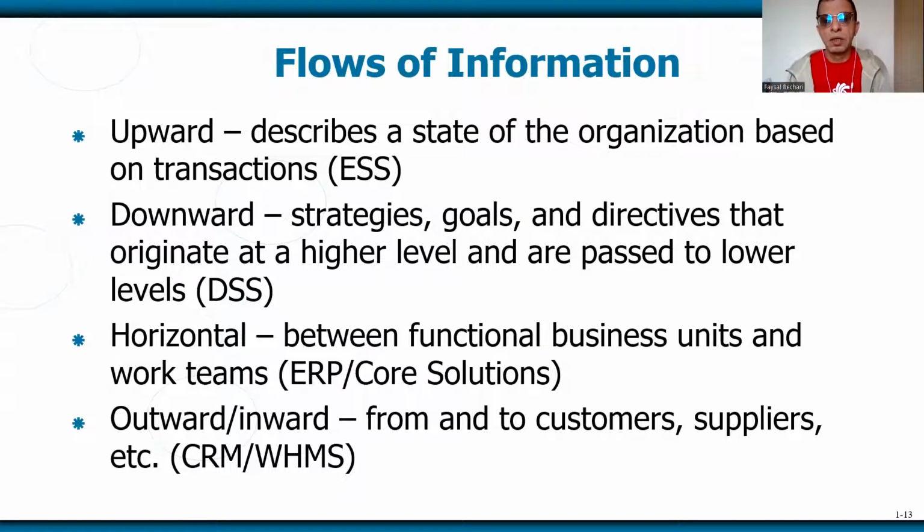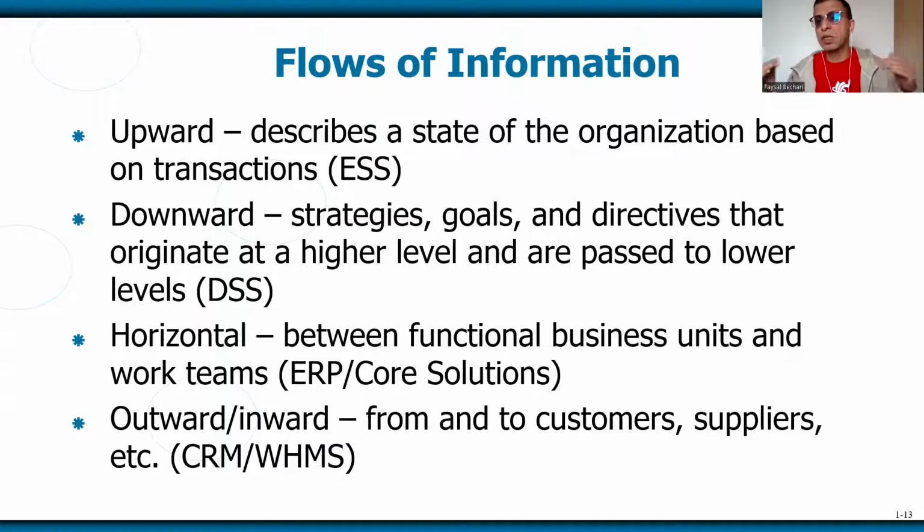And there is downward information, where executives, HR or management build certain activities to give direction to middle or lower level management or the front end, which is a decision support system, application or solution.